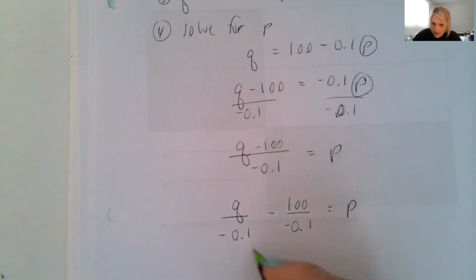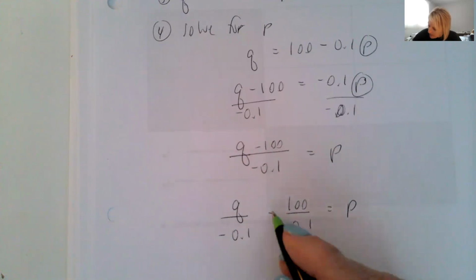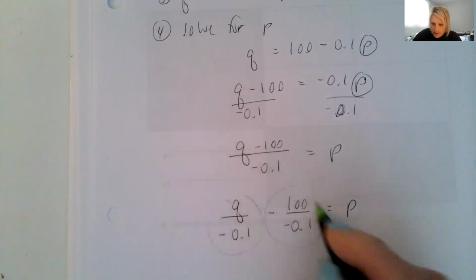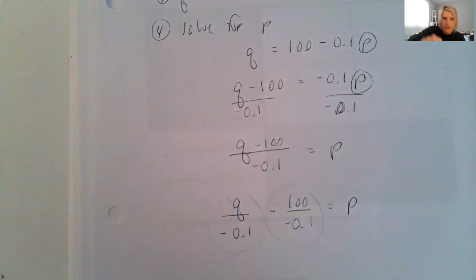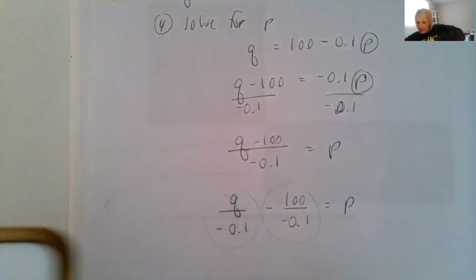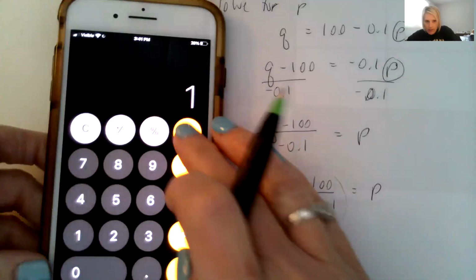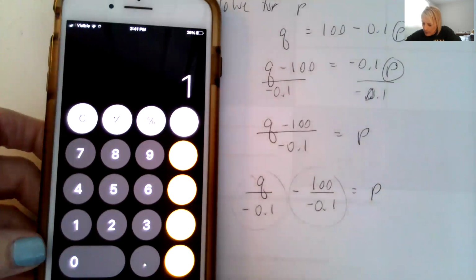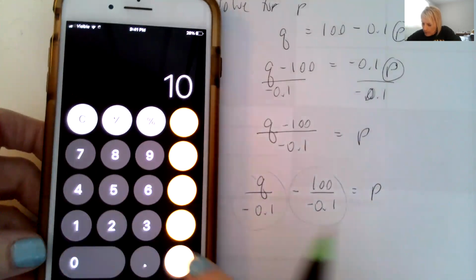And then we can find out what both of these are. Actually, let's do it on our calculator. So we can say 1 divided by 0.1 and we get 10.